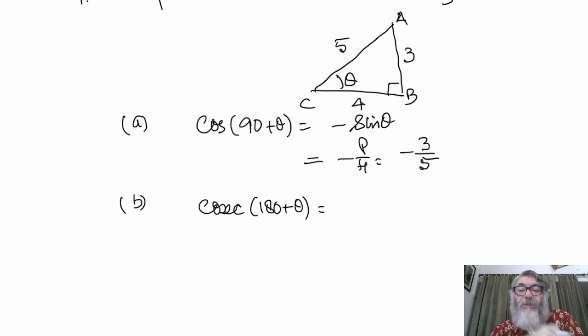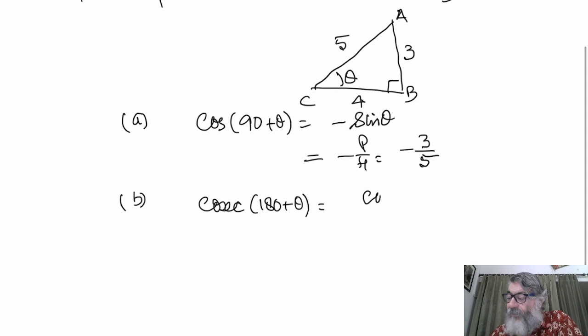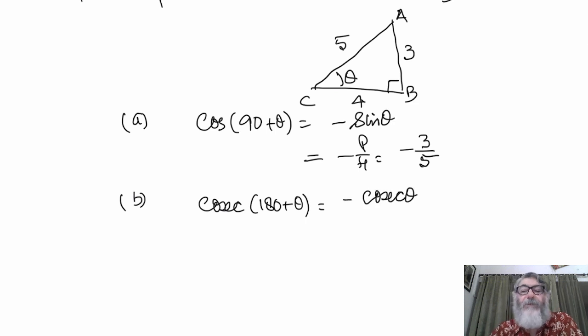The transformation is taken along the x-axis, so there will be no change of the trigonometric ratio. It will remain cosec theta, but it will change to minus. Why? Because in the third quadrant only tan and cot are positive, which we will discuss again when I plot the graphs of sine, cos and tan for you today.